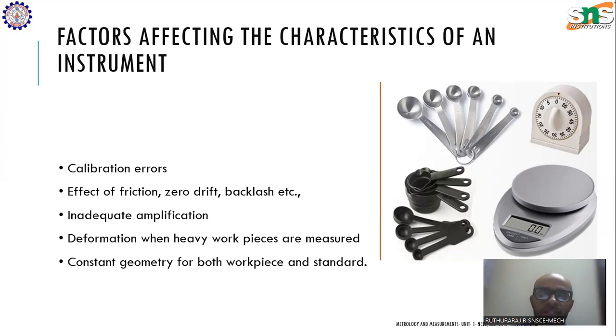Whatever small deviation is happening, the instrument should display it as a larger value. That does not mean it should exaggerate the value, but it should show the deviation properly so that we can measure it.